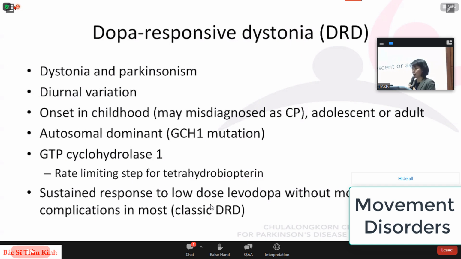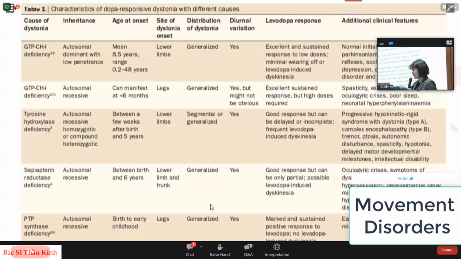And the treatment is just a low dose of levodopa, and one of the characteristics of dopa-responsive dystonia is the sustained response to low-dose levodopa without motor complication in the most classic DRD. But now many genes causing DRD have been found, not only the GCH1 mutation, making the clinical presentation of DRD quite varied.